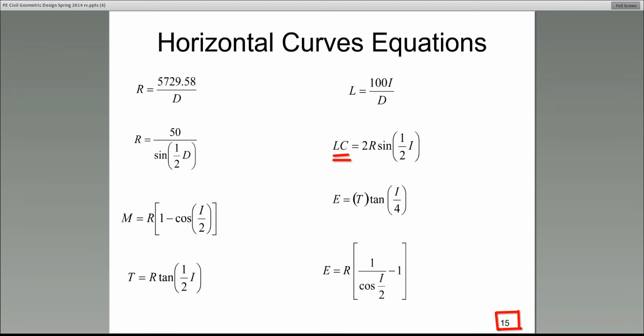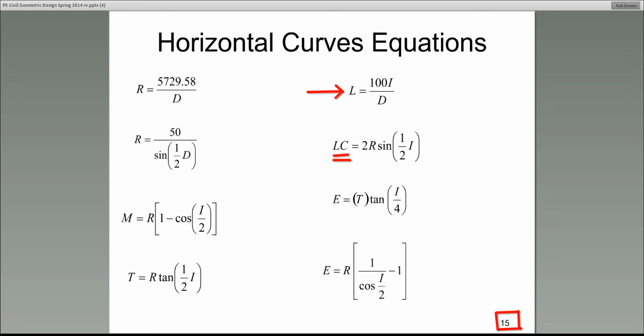People think that LC is the length of the curve. Well, it is not. Make a note that if you're calculating for the length of the curve, this is the equation that applies. L. L is the length of the curve. All right? This is a very common mistake.